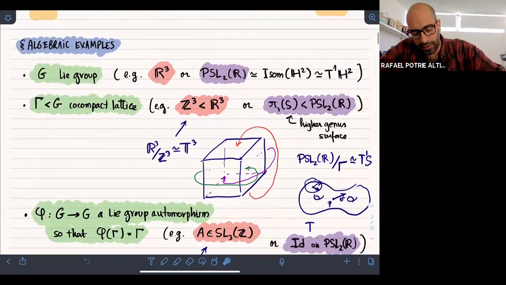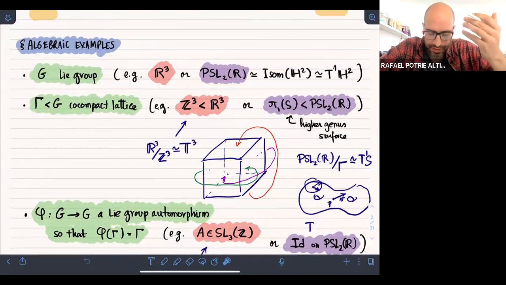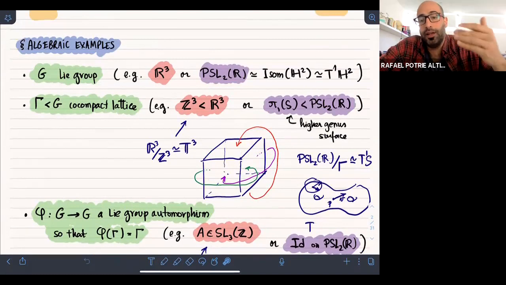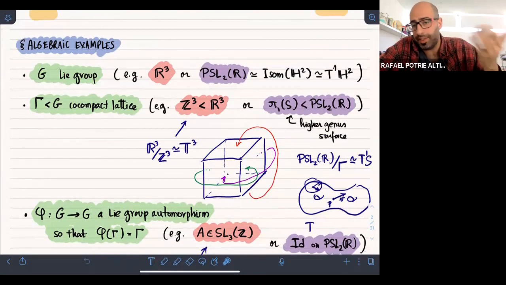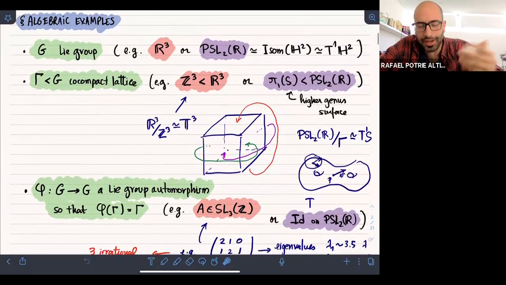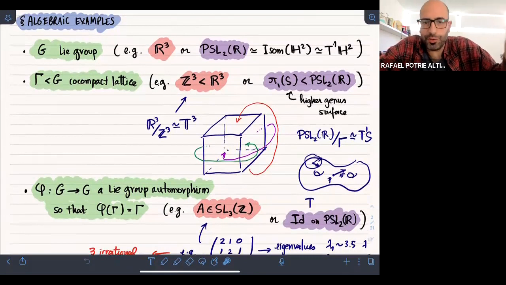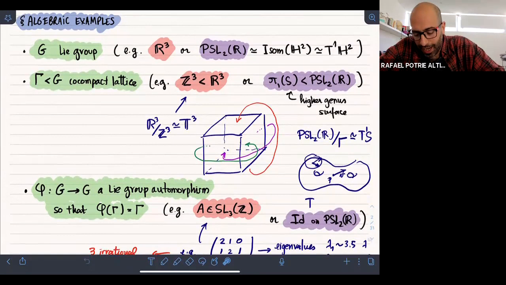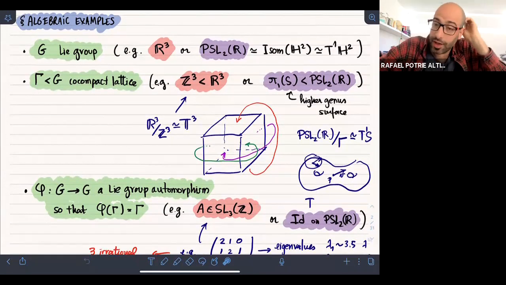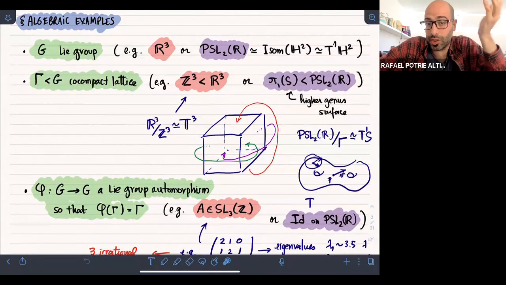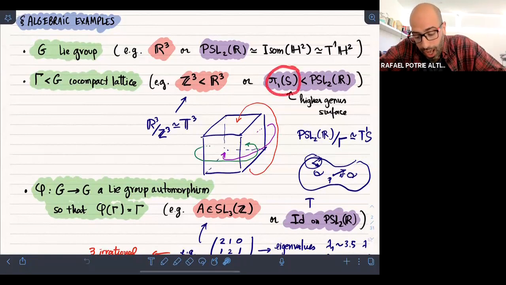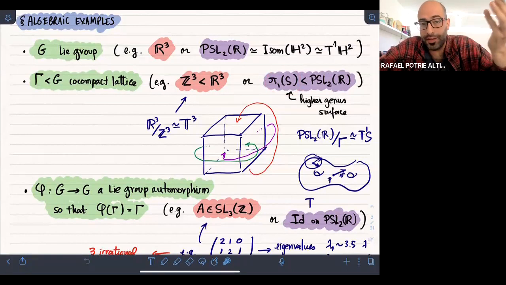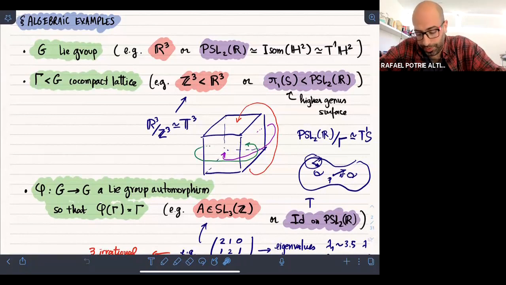And in PSL2R, constructing co-compact lattices is a little bit more challenging, but it's possible. You can, for instance, use important results such as the uniformization theorem, and you know that you can make a geometric universal cover of a surface with constant negative curvature, and this will produce a discrete subgroup with compact quotient of PSL2R.